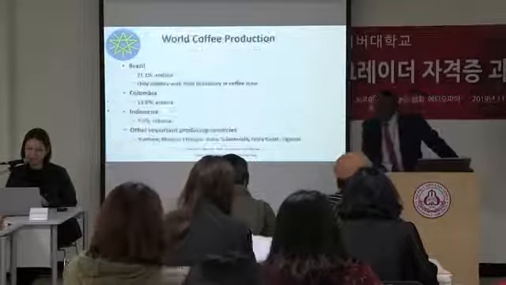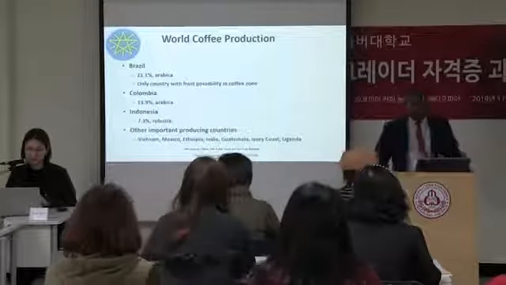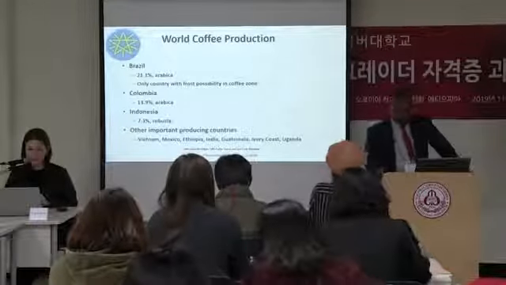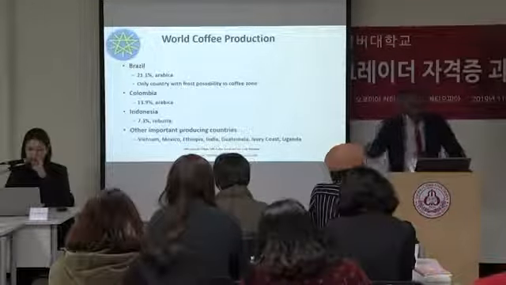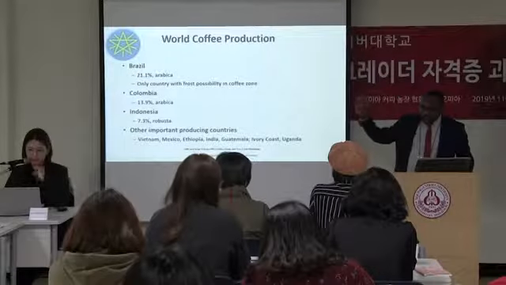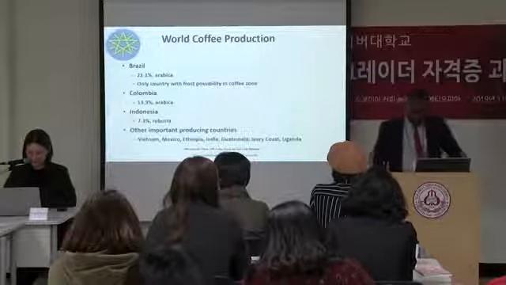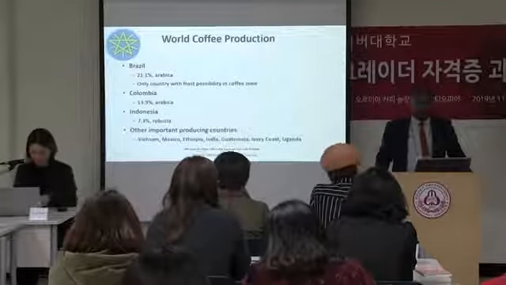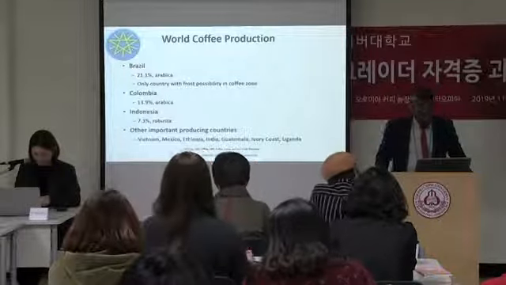When we come to world coffee production, when we see the world coffee production, the leading coffee producing country is Brazil. Brazil produces 21.1% of the total production of the world.